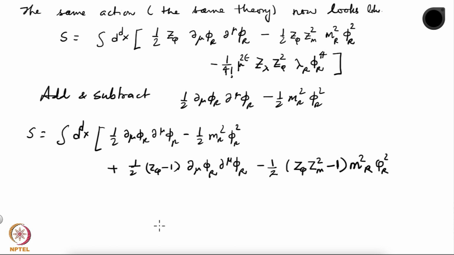Now let me write down the last term, minus mu to the 2 epsilon, okay, then you have lambda r over 4 factorial. What happened suddenly?